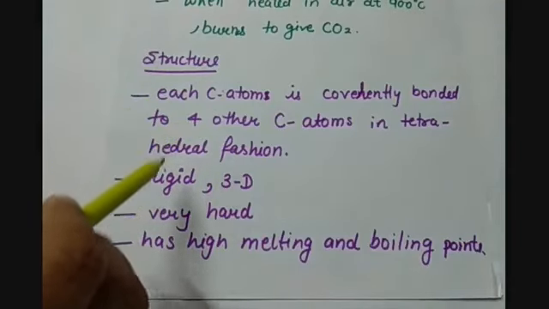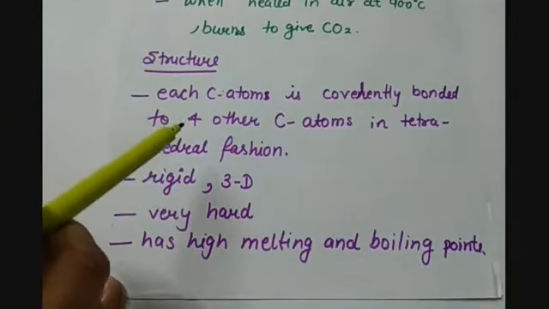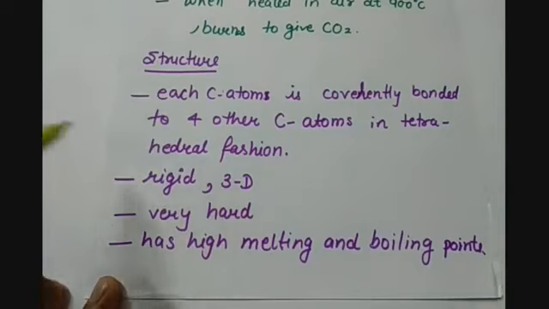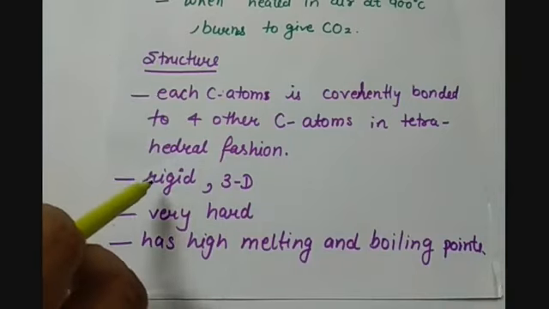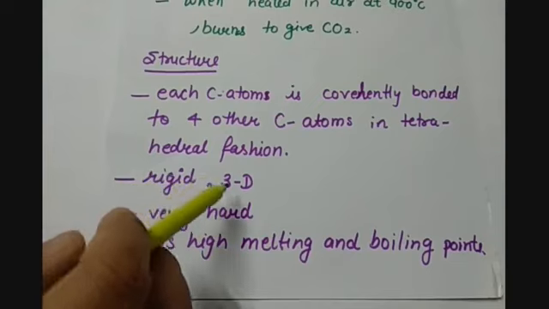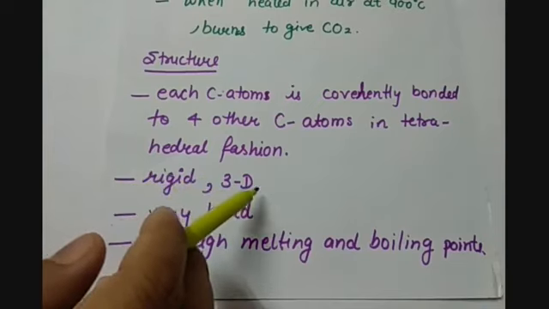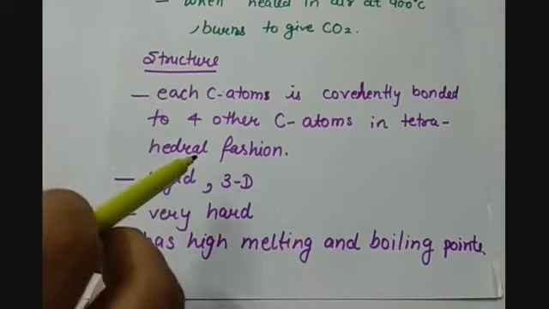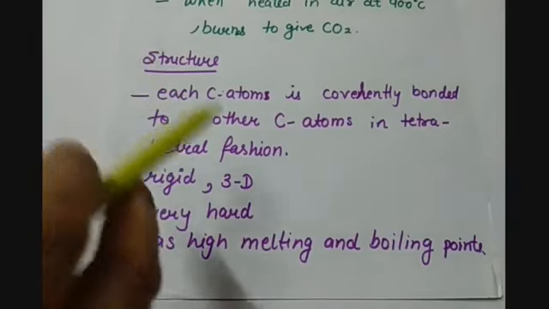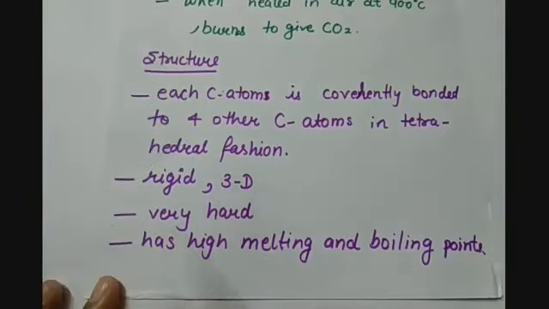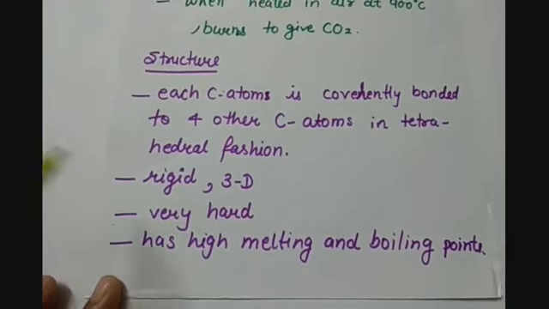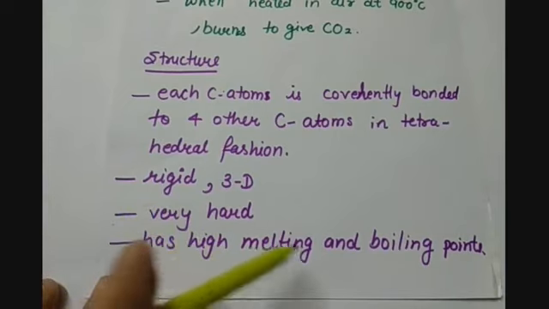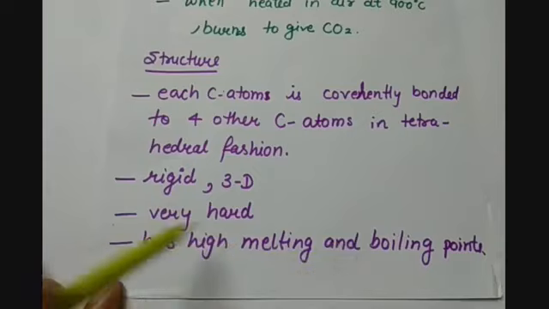Because a tetrahedron has fixed corners, carbon is very rigid, and it's a 3-dimensional geometry, because each carbon atom will attach to 4 further carbon atoms, and those 4 carbon atoms will further combine with different carbon atoms. It is very hard, and it has very high melting and boiling points.